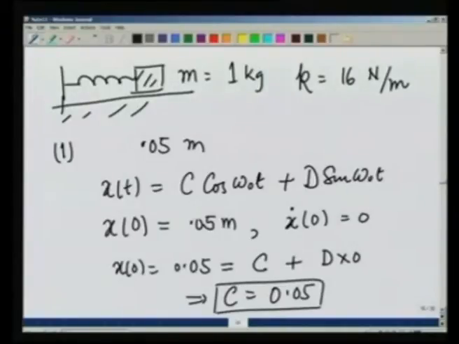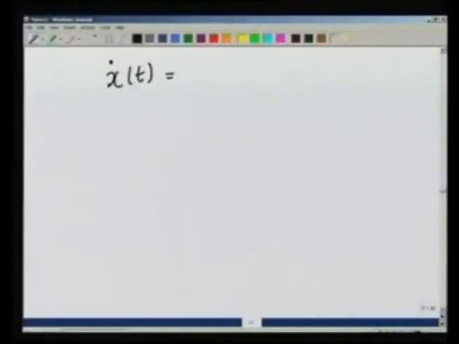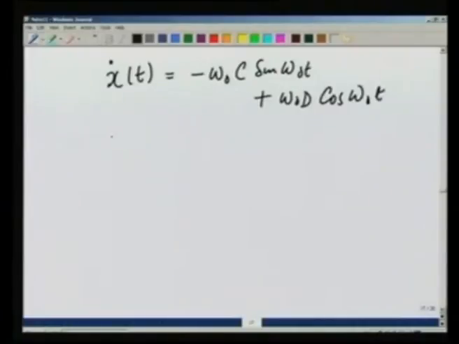For the second coefficient, I take the derivative of x(t), which is going to be equal to minus omega 0 c sine of omega 0 t plus omega 0 d cosine of omega 0 t, and at t equal to 0 this quantity is omega 0 d, and this is given to be 0. This implies d is 0.